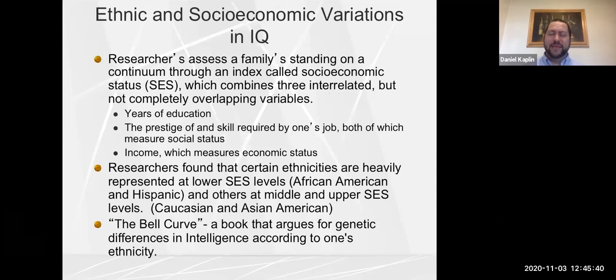Now, we do see differences in socioeconomic status and ethnicity in IQ. We tend to see whites and Asian Americans perform higher on IQ than Blacks and Hispanics. Now, the question is, how is that possible?